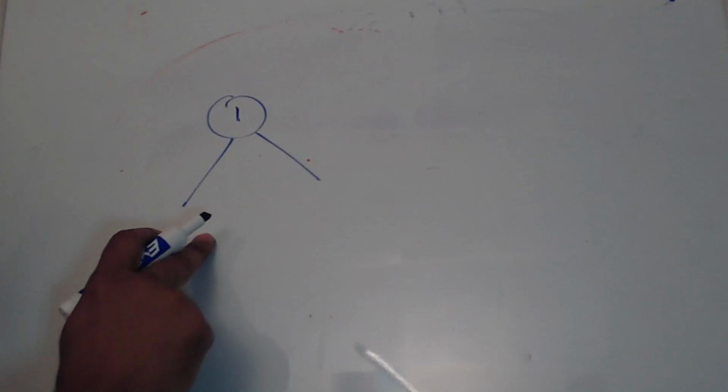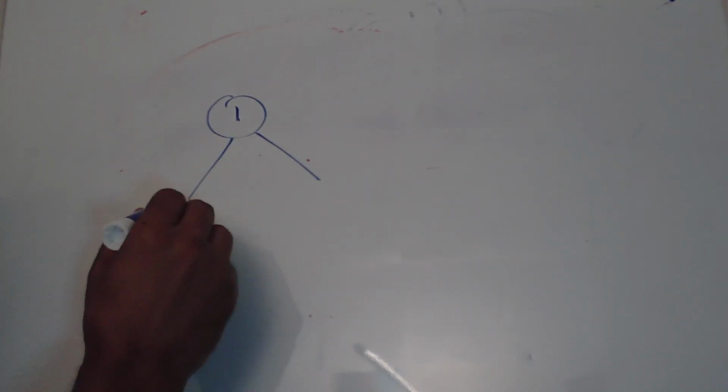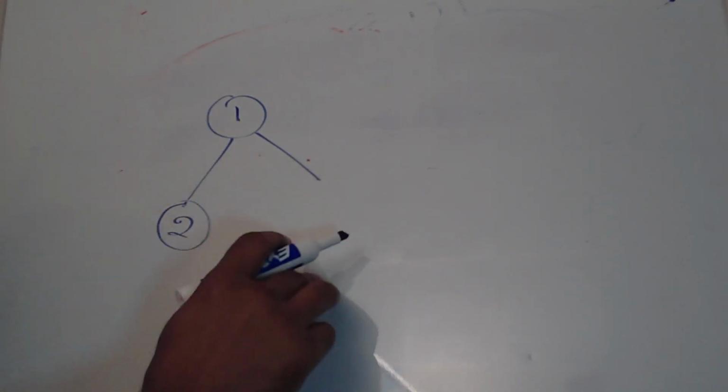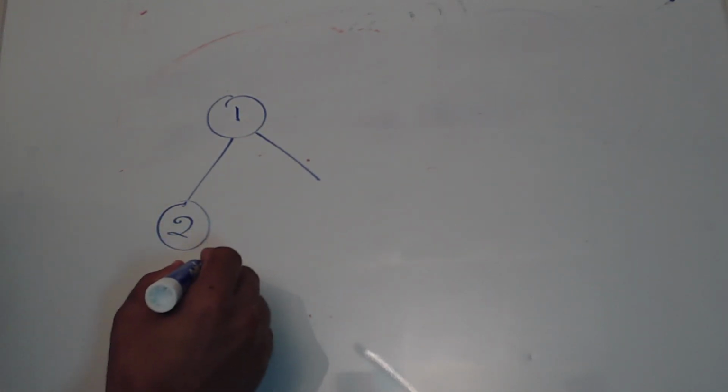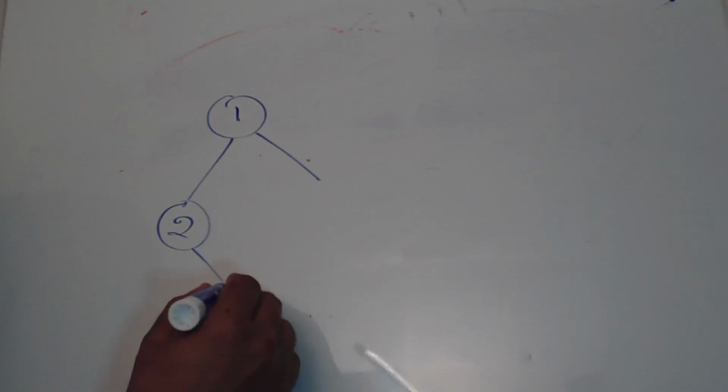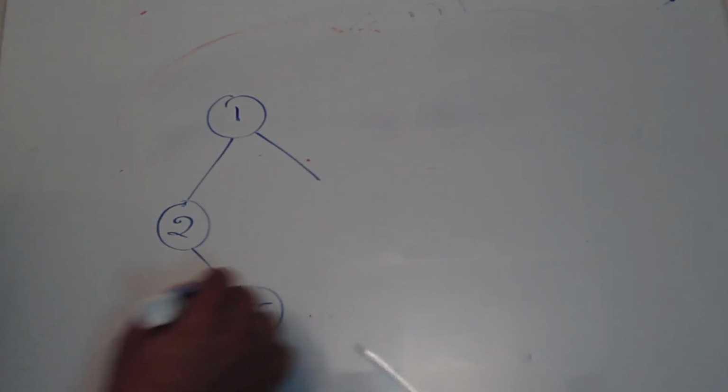So let's take an example tree where the root is 1, right? And every node will have a left and right pointer. To the left it will have 2, and then for the right, let's call it here, it has 5.